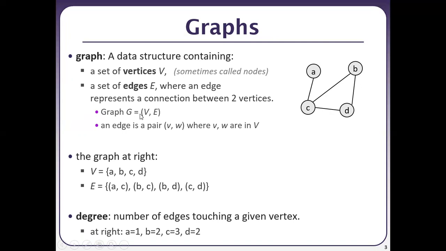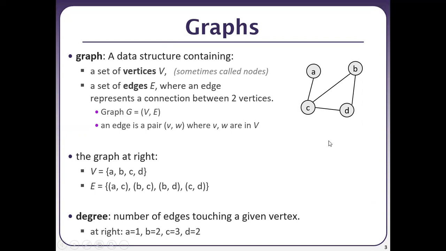So graph G is equal to (V, E), where V is vertices and E is edges. An edge is a pair (v, w), where small v and w are vertices which come under the set of capital V.